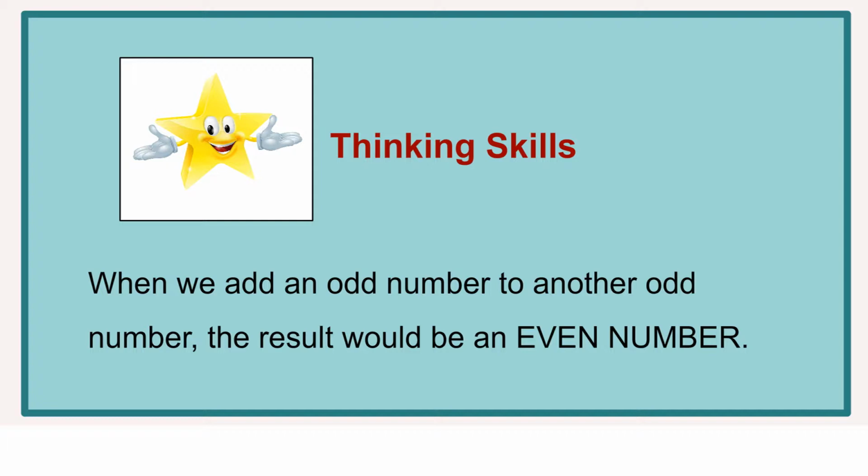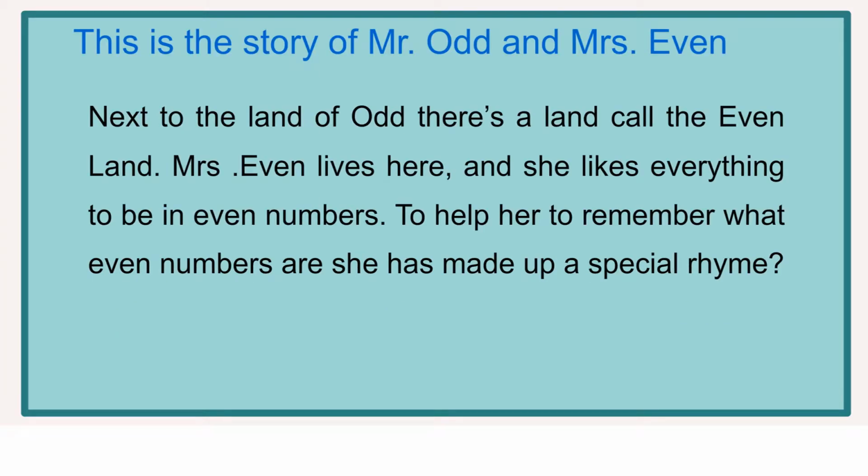Thinking skills. When we add an odd number to another odd number, the result would be an even number. Next to the land of Odd, there's a land called the Even land. Mrs. Even lives here, and she likes everything to be in even numbers.